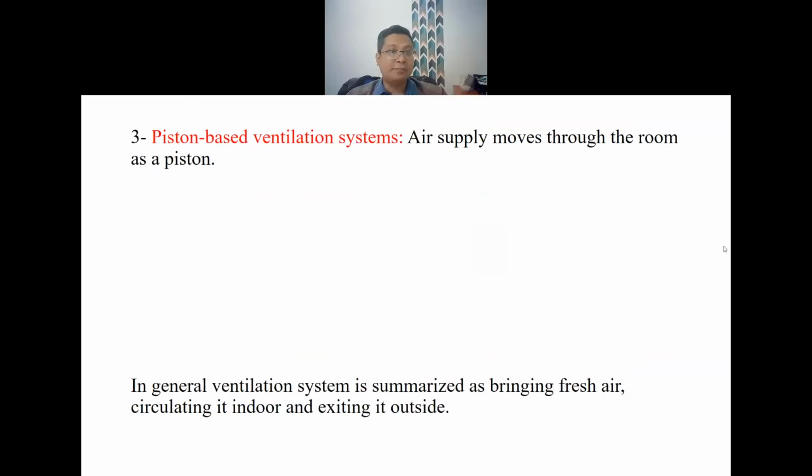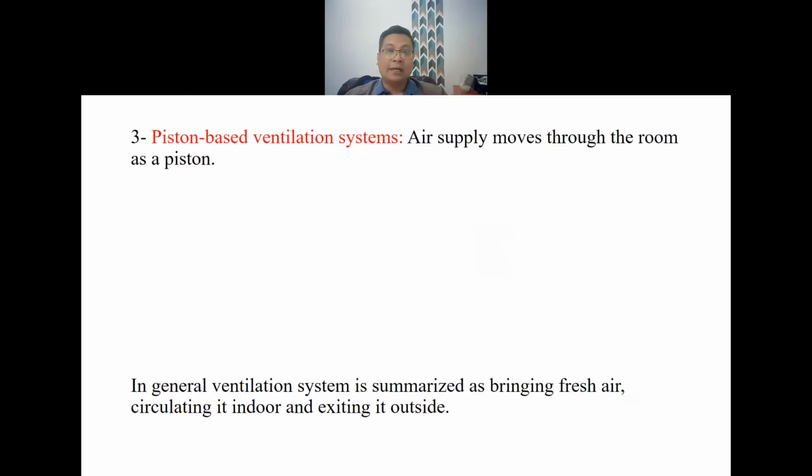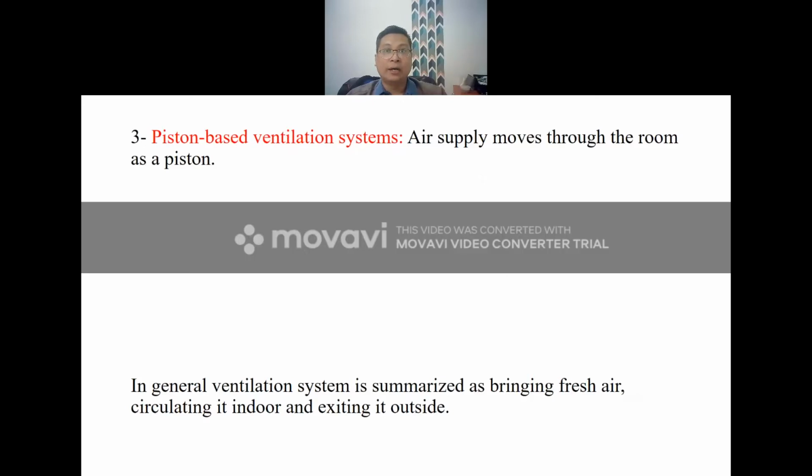And then the other type is the piston-based ventilation system, as supply moves through the room like a piston. Actually, this looks like the system of a piston. We have the compressing, and also the suck system in the piston.